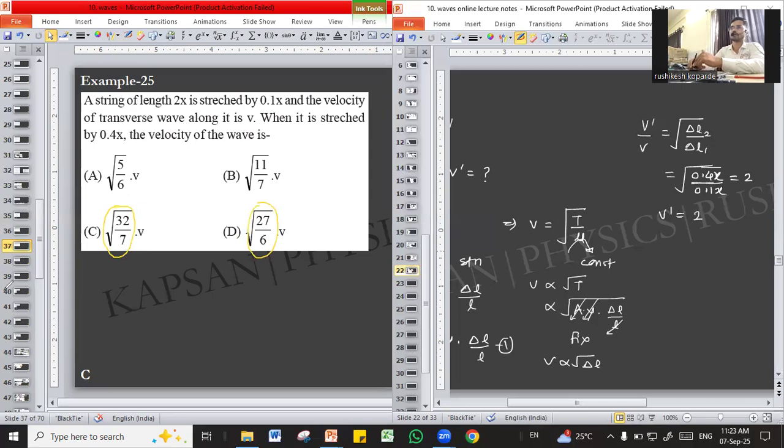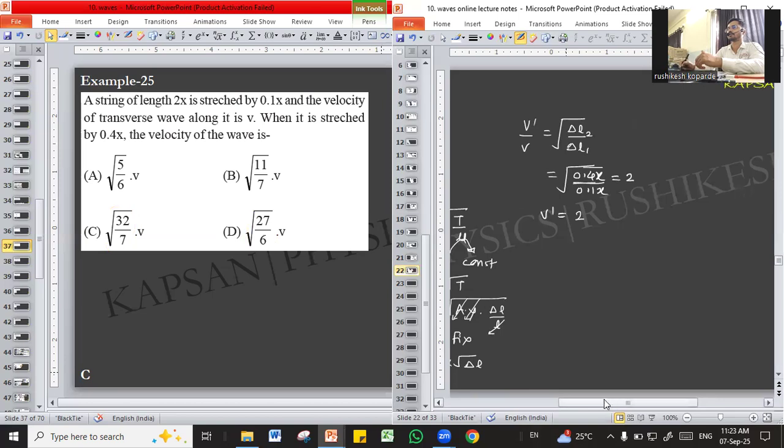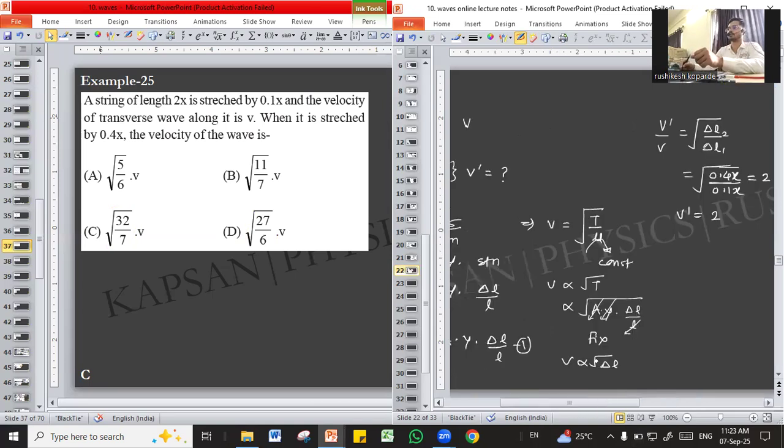Mu cannot be taken as constant, because in the second case the extension is 0.4x, and 0.4x is 20% of 2x. Can you ignore a 20% change in length? No. You can ignore change in length only up to 5%. So this approximation fails here.